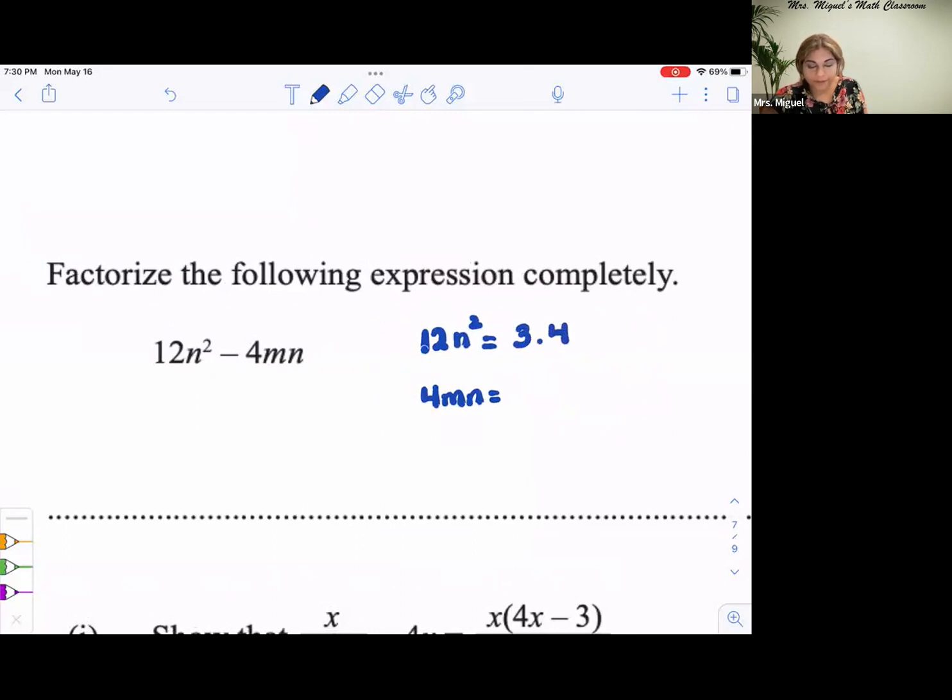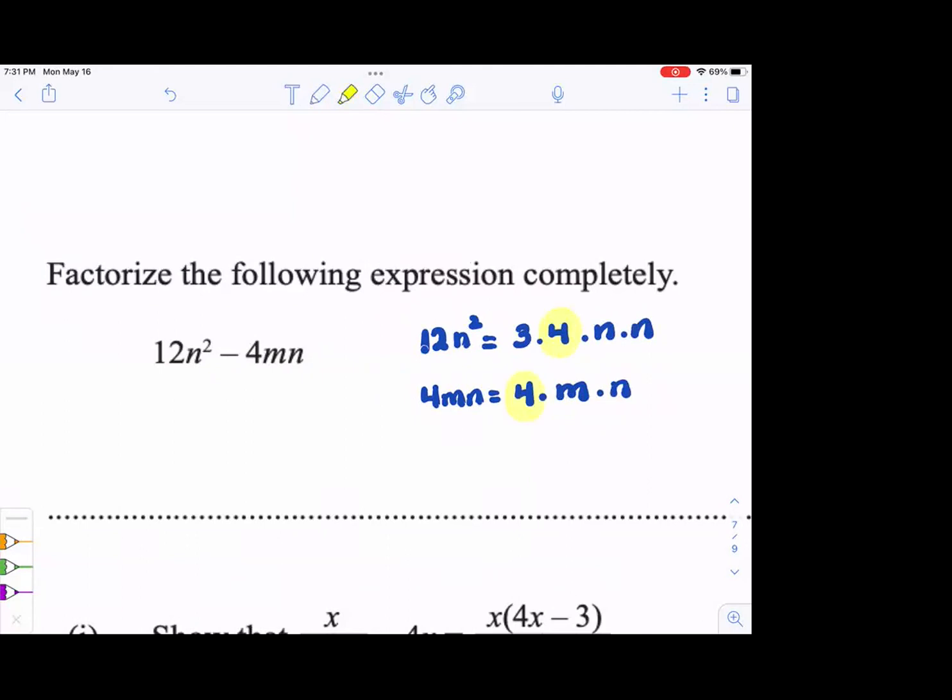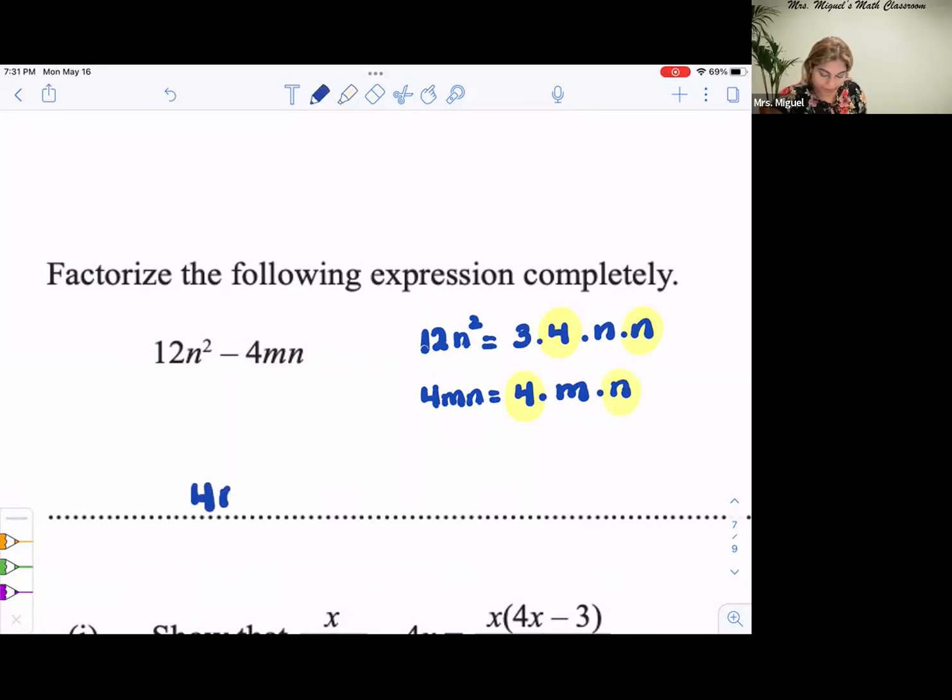Since 4 is a factor, I will write 12 as 4 by 3. What is common? 4 and n. So right away, 4n goes outside, and everything that was not circled goes back in. Did you all get that?